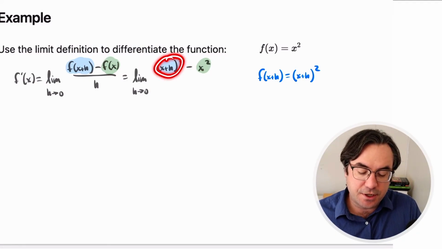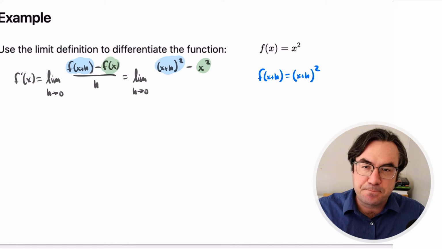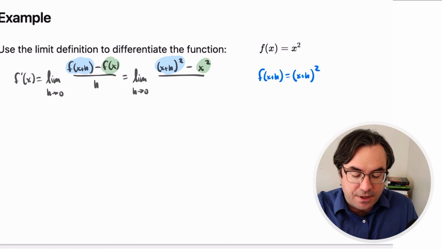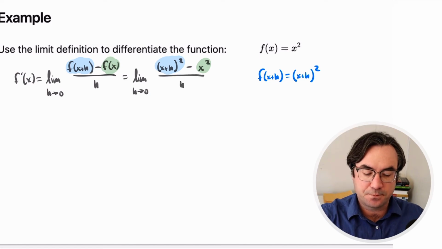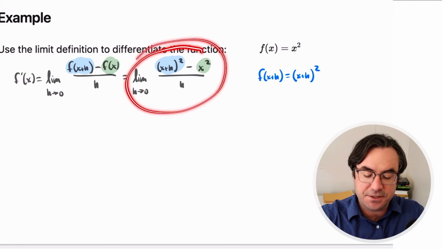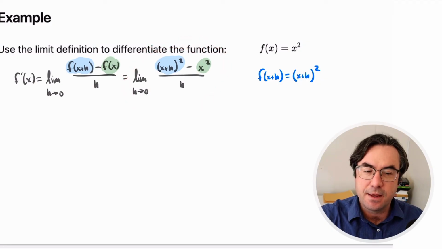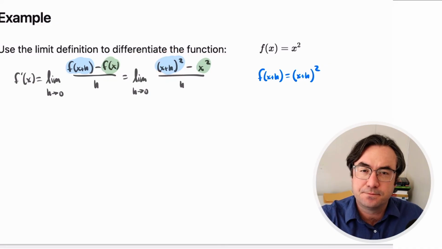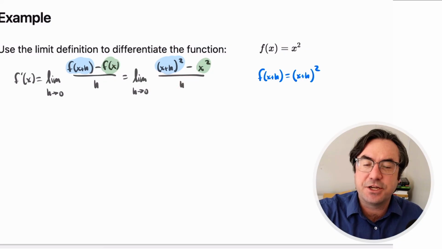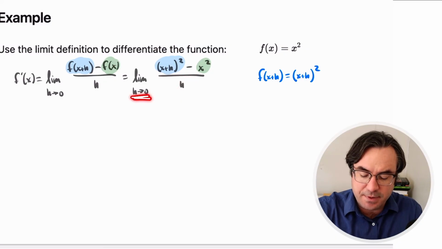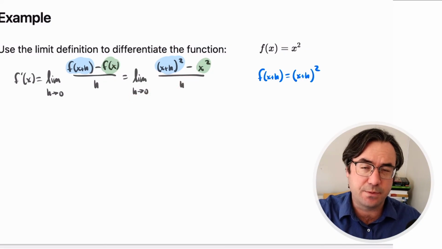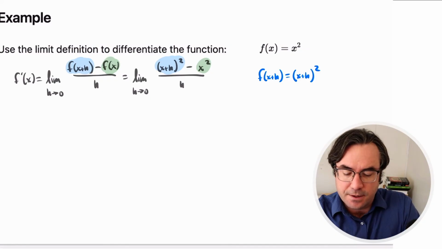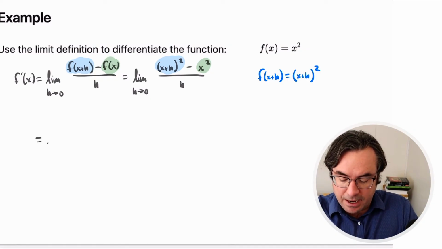So again, this is just the change in y, basically. All right, so then we're dividing this by h. So we have this limit to calculate, and our strategy is going to be multiply this out and then try to cancel off that h in the denominator that's ultimately giving us division by 0 here when we try to evaluate. So we're going to multiply out.